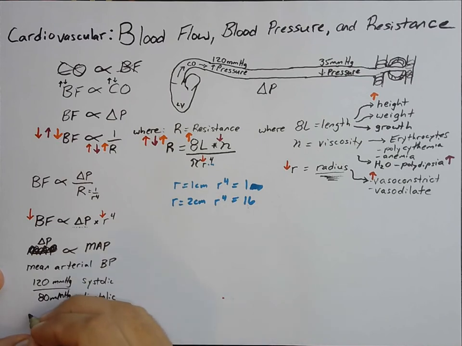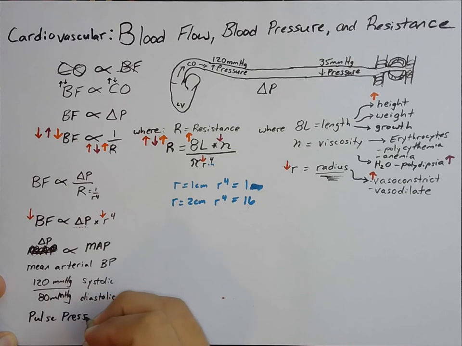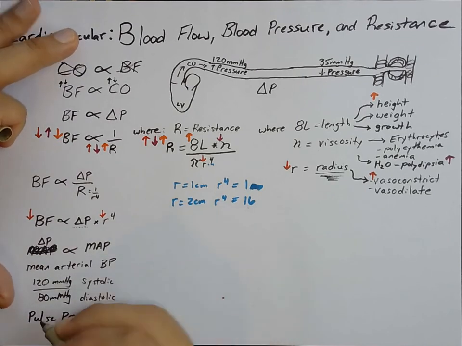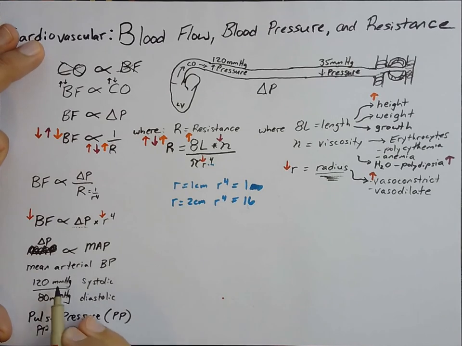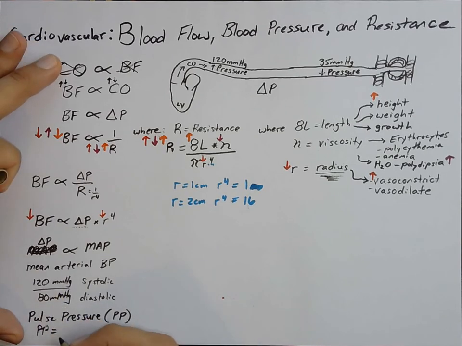And this is called pulse pressure. Pulse pressure is also written out as just PP, which makes, of course, everybody giggle. So PP, or the pulse pressure, is equal to the maximum pressure in the heart minus the minimum pressure.